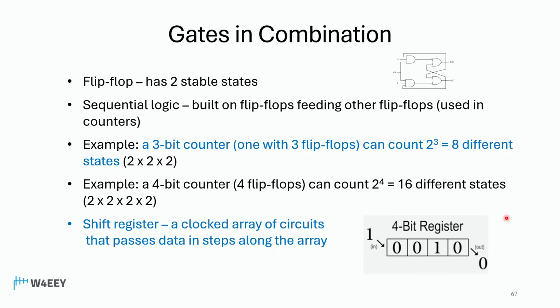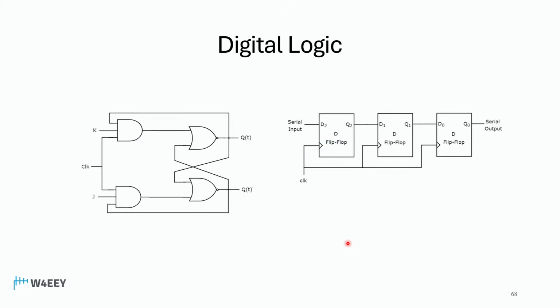Now, why might this be useful? Well, we're feeding it in serially, and after we've clocked it 4 times, we've got these 4 bits in parallel. So this could be a serial to parallel converter, for example. So let's take some of these things, grab the blue text, and see what that looks like over here.